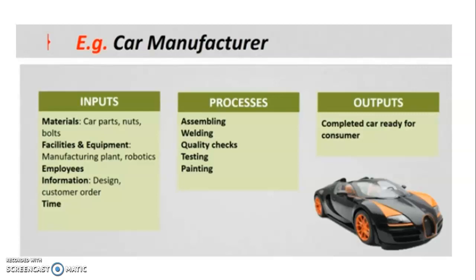They need to have design, and then they need time to go about and do it. Then we look at our processes, which is actually turning the inputs into the outputs. They involve assembling, welding, checking for quality, wiring, computing. I know nothing about cars, so hopefully this makes sense. But at the very end, what do we get? We get a brand spanking new car that we can give to our customers.